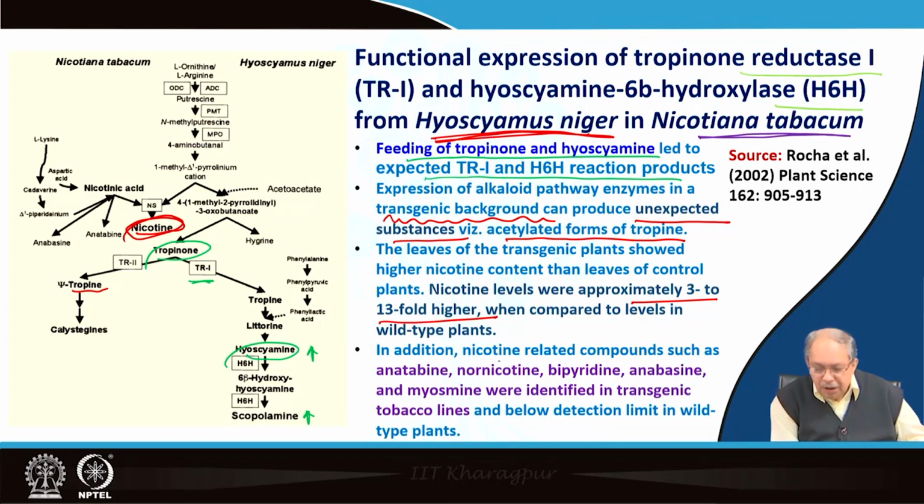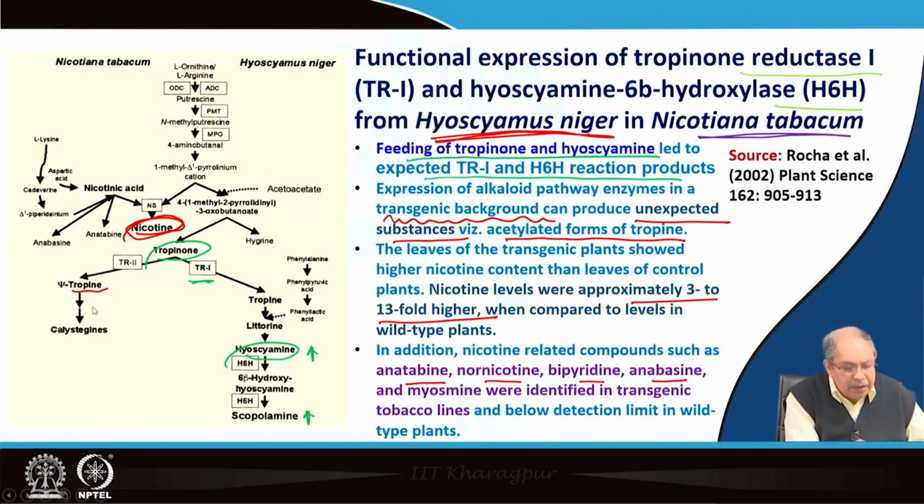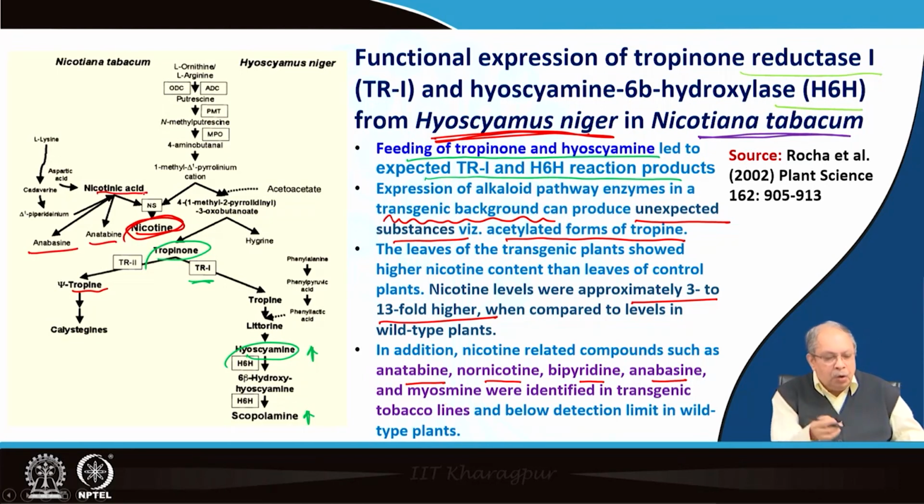In addition, nicotine related compounds such as anabasine and bipyridine, these alkaloids were identified in the transgenic plants, which are normally not detected at that level in the wild type plant.